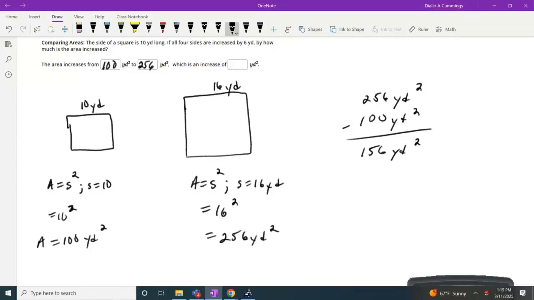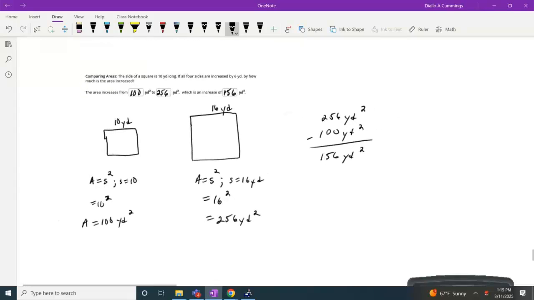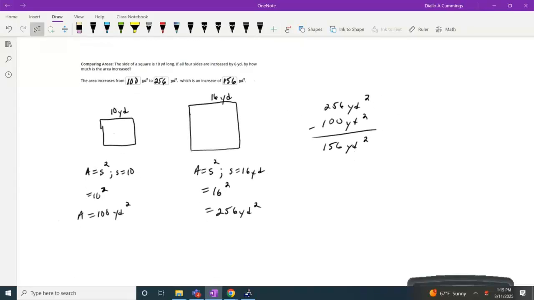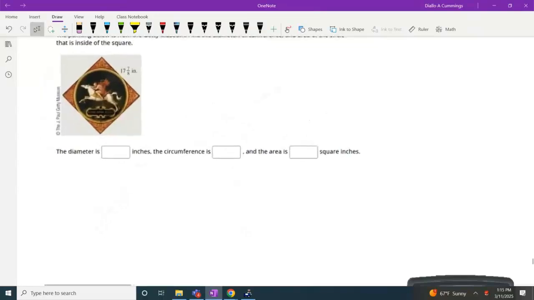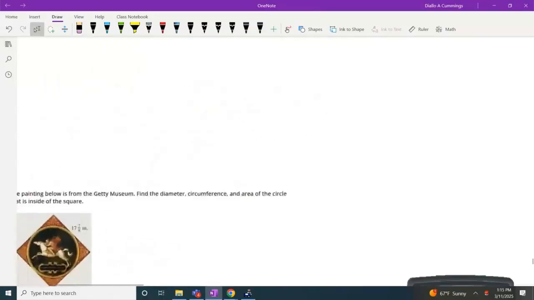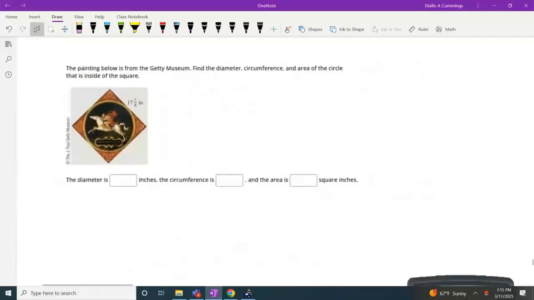So that gives us an increase of 156 square yards. All right, so that was in the form of a word problem. And also the last one, it's an application problem, and it deals with a painting.